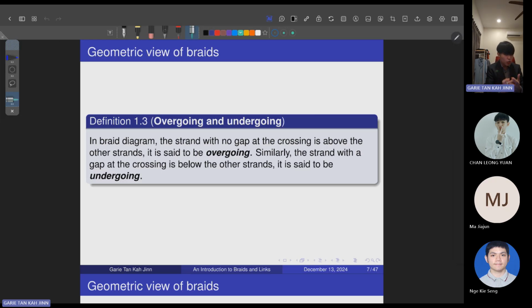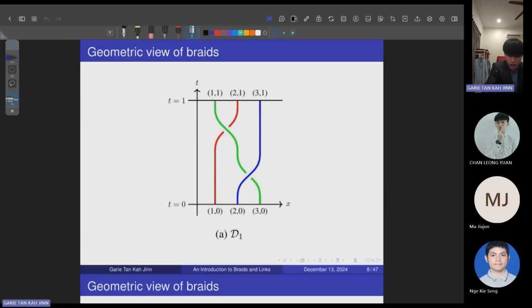The undergoing string is represented by a gap at the crossing. Looking at this example again, this green string has no gap, which means it is above the red string. Therefore, we say the green string is overgoing at this crossing, and the red is undergoing. At this other crossing, the blue one is overgoing, but the green is undergoing.